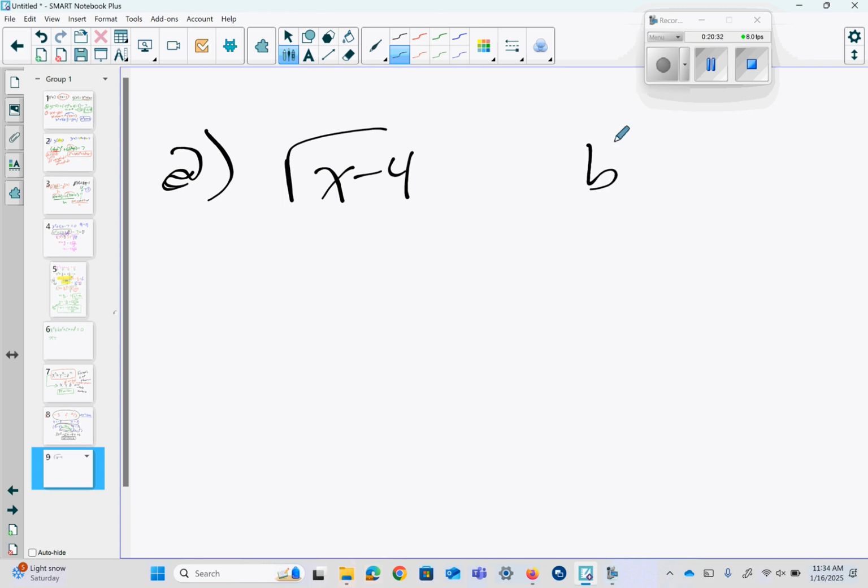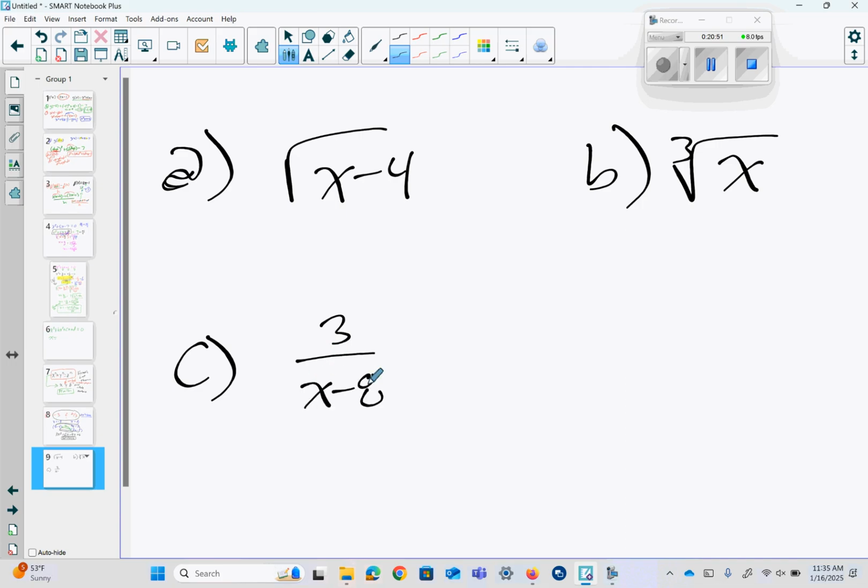Letter B. Is letter B the third root of x? Yeah. Thank you. Letter C, is that 3 over, what is C? X minus 9 on bottom? X minus 8 on bottom, thank you.